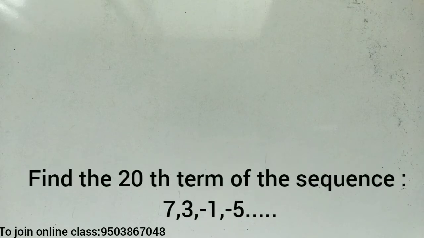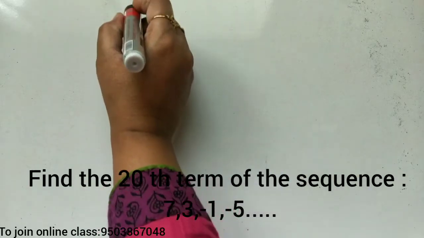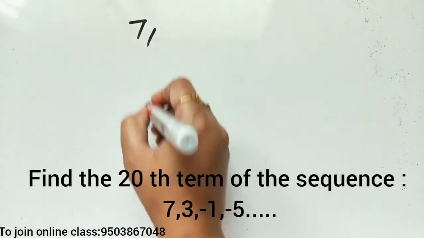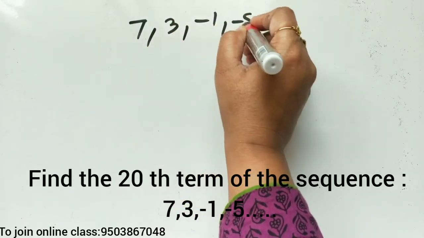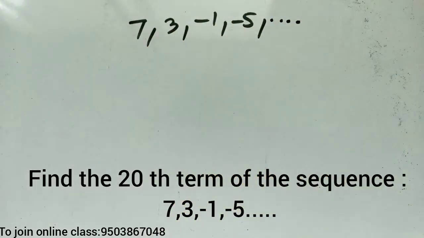So the question is, find the 20th term of the sequence 7, 3, -1, -5 and so on. This is the given sequence and we need to find its 20th term.